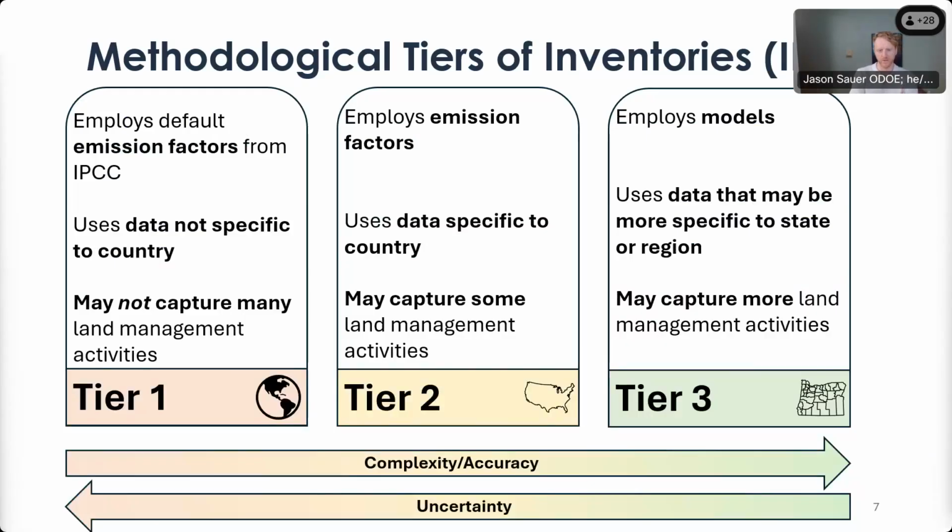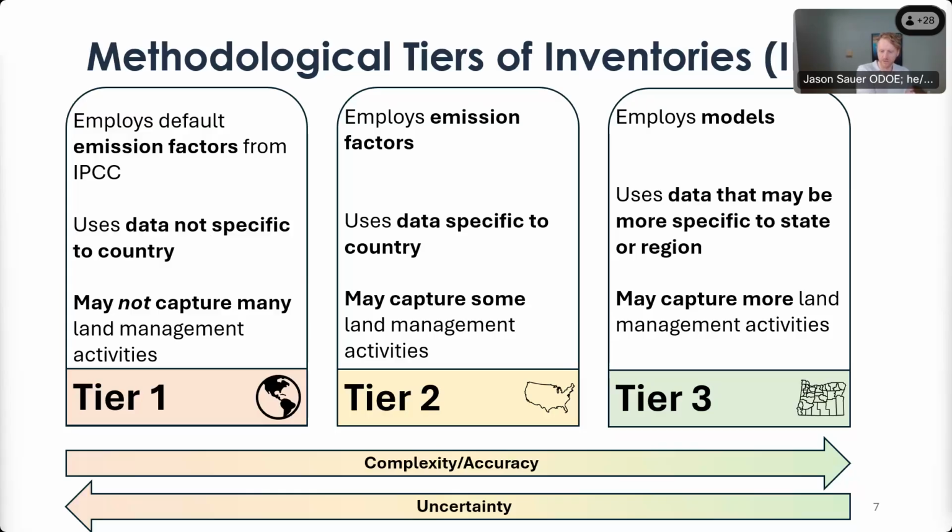The project team is building methodologies based on appropriate data and methods, which then have an associated methodological tier per definitions provided by the IPCC. And so these tiers kind of serve as shorthand to help us understand the kind of detail and results that methodologies may provide. And understanding the tier methodology also helps us understand where and how we can improve the inventory in the future. And so you'll hear the project team speak to this a bit more today.